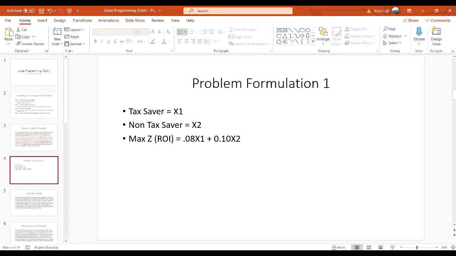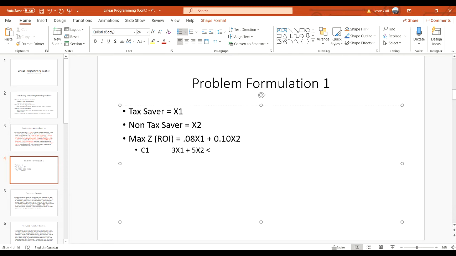So we come back here, and we say our first constraint, our first limitation, is 3x1 plus 5x2 must be less than or equal to 3.6.